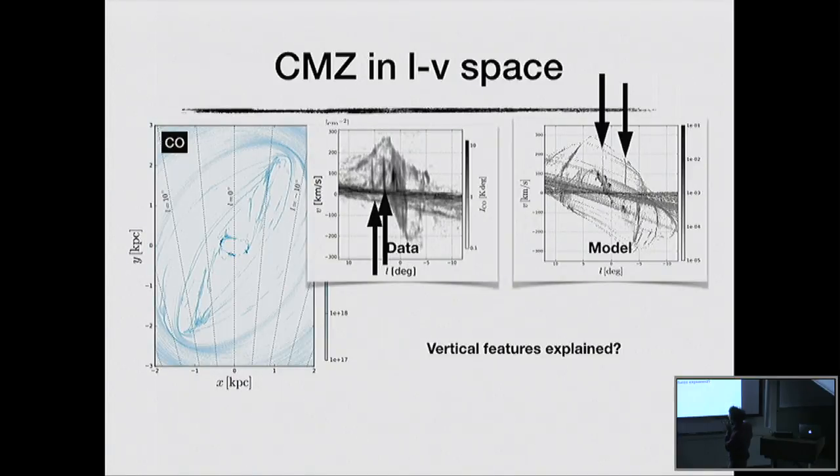We do see these kinds of features in our simulations. Here there are not so many, but in other snapshots they are very evident. In our simulations, these features come from the interaction of gas that is falling down these shock lanes, so it has very high velocities. For instance, gas that is here has lower line of sight velocities, and the interaction creates these super high velocity dispersion features.